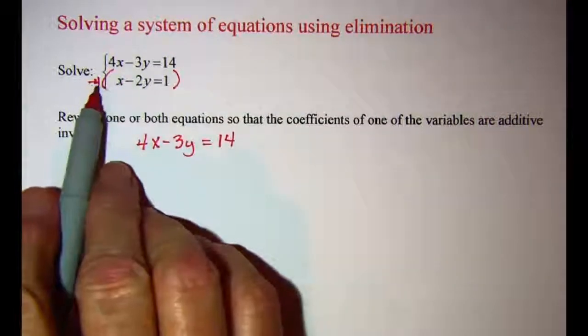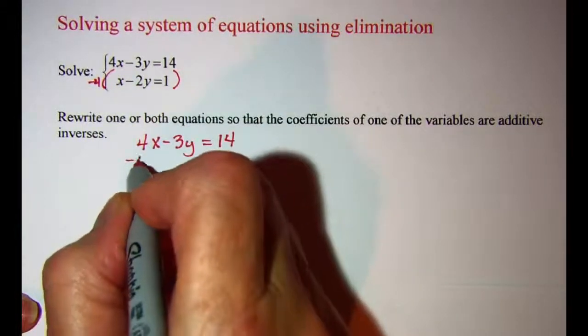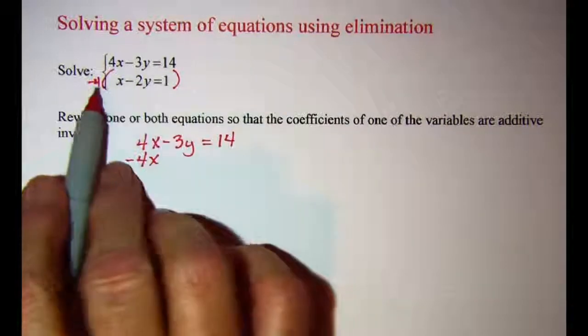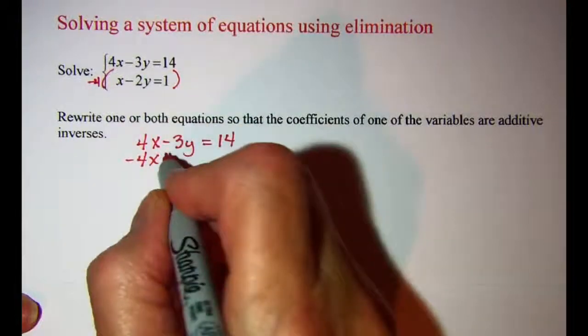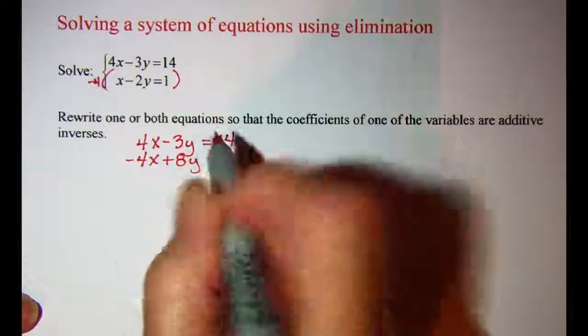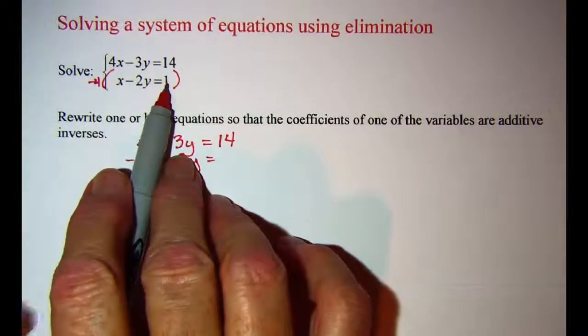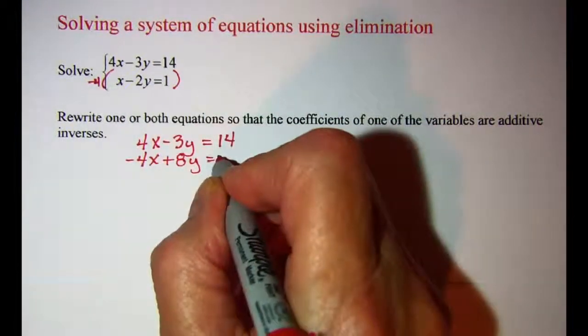And then when I multiply negative 4 times x, I have negative 4x. And negative 4 times negative 2y is a positive 8y. And then don't forget to multiply the other side as well. Negative 4 times 1 is negative 4.